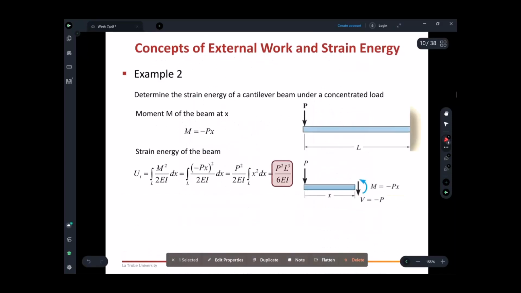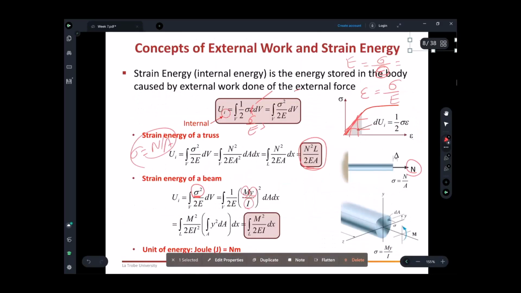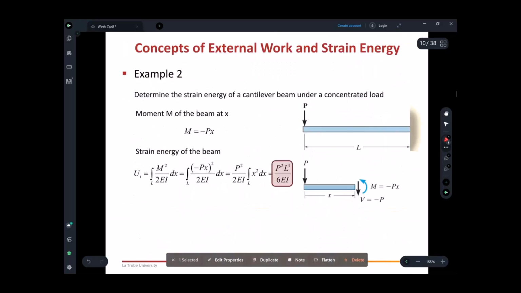All right, for the beams, we have the same kind of equation here, M square over 2EI. If you make a cut here at a distance of x, then the moment that you are applying is load times distance x. So moment is equal to minus Px, right? So you substitute here over 2EI.